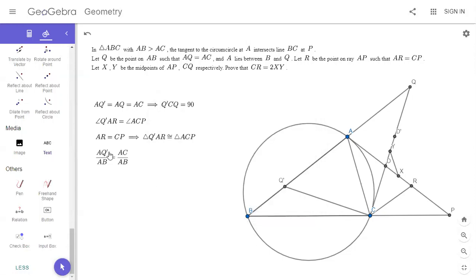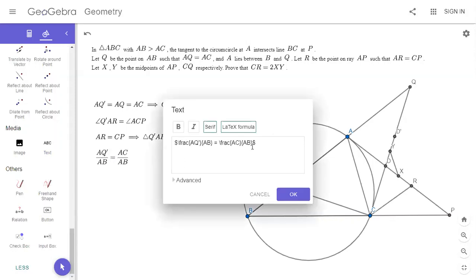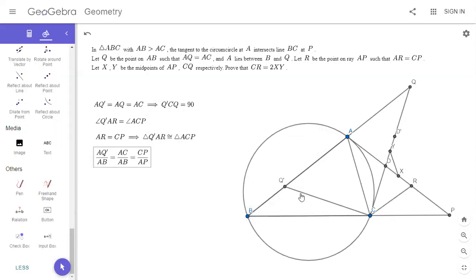And AC over AB is equal to AP over AB. I'm just saying, it is equal to CP over AP. Okay.